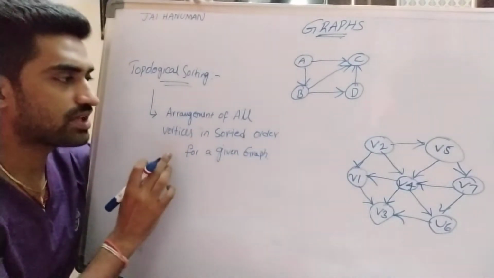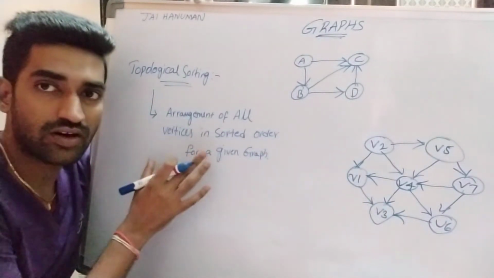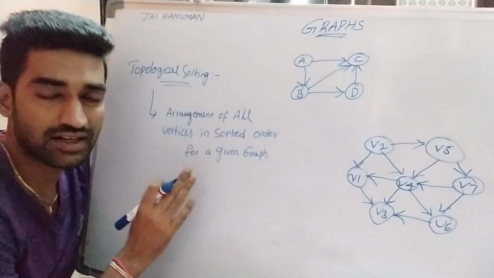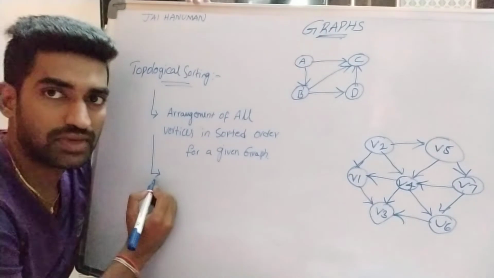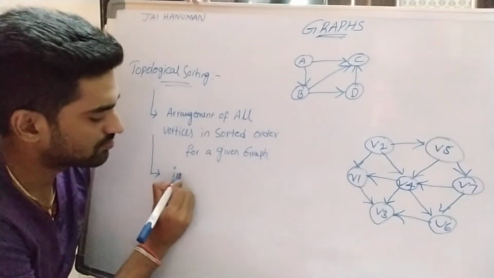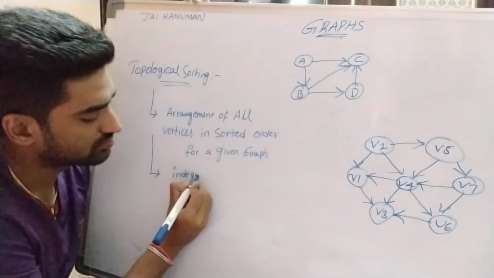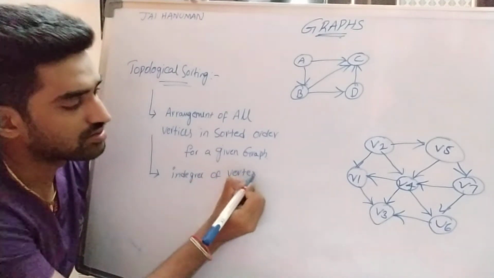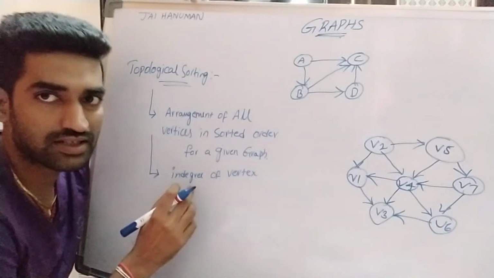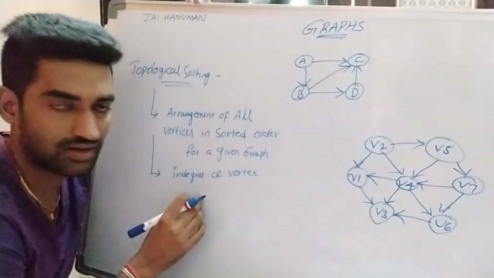In this concept, we are mainly concentrating on the arrangement of all vertices in sorted order for a given graph, right? Based on the integrity of a vertex, we can arrange all the vertices in topological order.